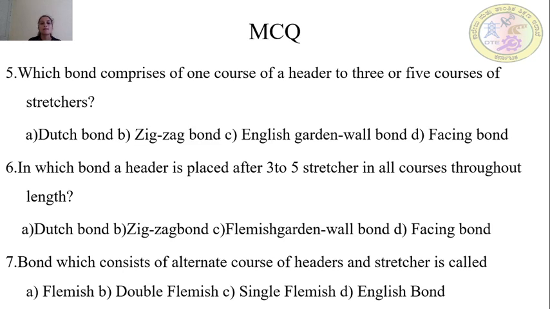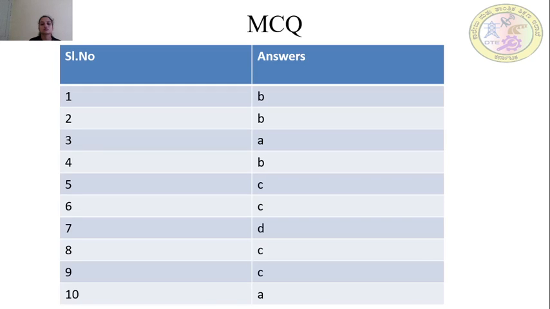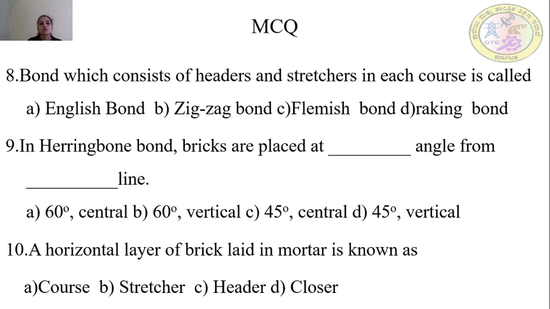The next question: the bond which consists of alternate courses of headers and stretchers is called English bond. The bond which consists of headers and stretchers in each course is called Flemish bond.